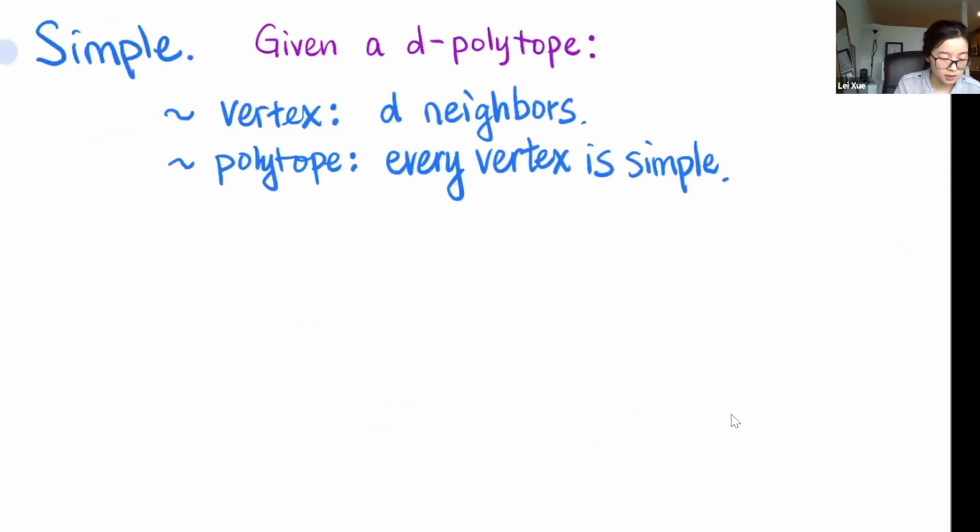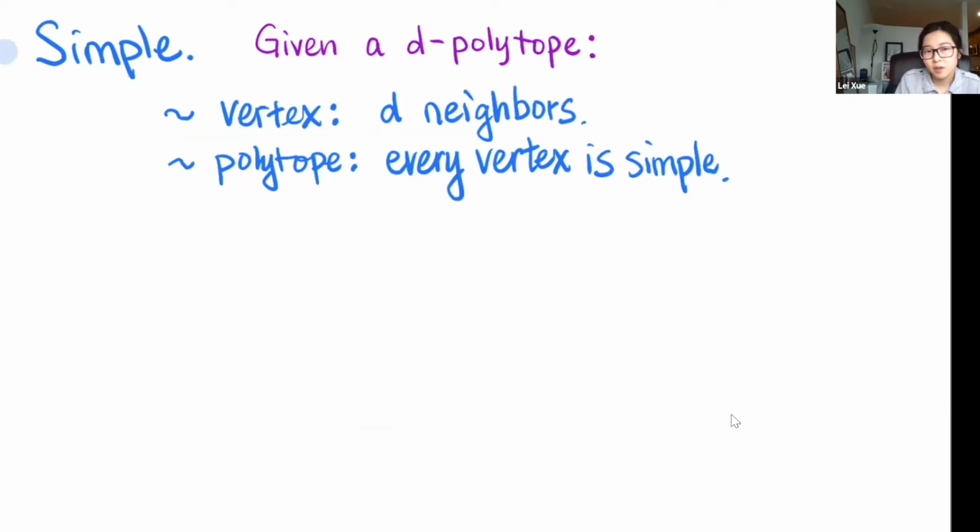And we need one more definition. There's a notion called simple. Given a D polytope, we say a vertex of it is simple if it has exactly D neighbors. A vertex of a D polytope has at least D neighbors, so if a vertex has exactly D, it's having a simple life, so we call it a simple vertex.